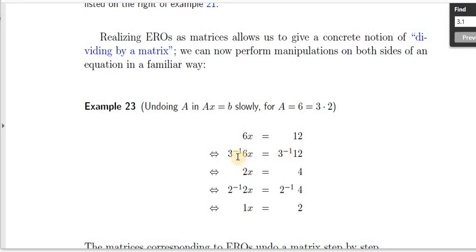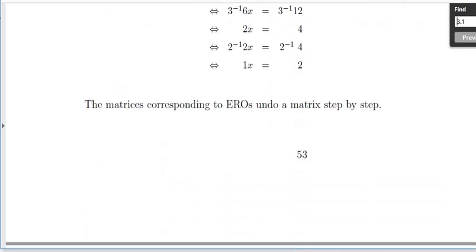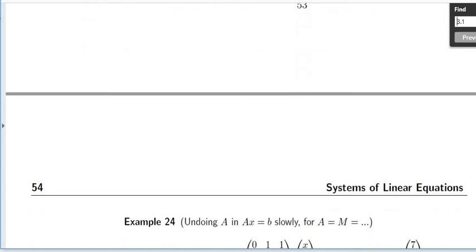This is kind of a silly way to do it. You might as well multiply both sides by 6 inverse to get the final result. But it's just showing that no matter what operation you perform on both sides, you're going to get an equation that's true. And the same thing goes when you reduce a matrix by Gaussian elimination.